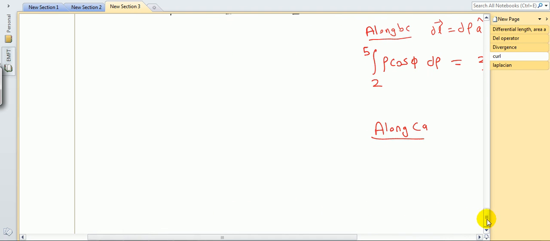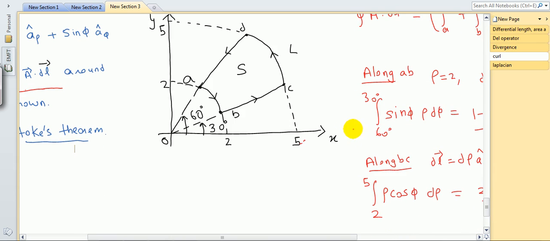You can see actually the path is CD. I'll write it. Along the path CD, because I have calculated for AB, then for BC, now I have to calculate for CD, then I will go for DA. So for CD, the rho value is 5, and the angle phi is changing from 30 degree to 60 degree.